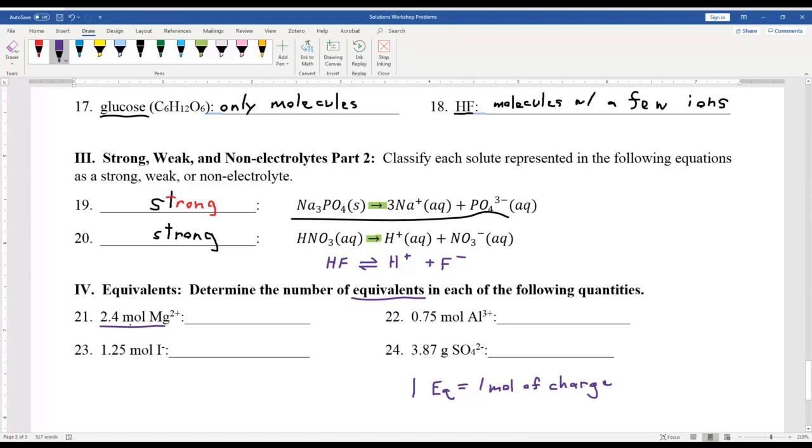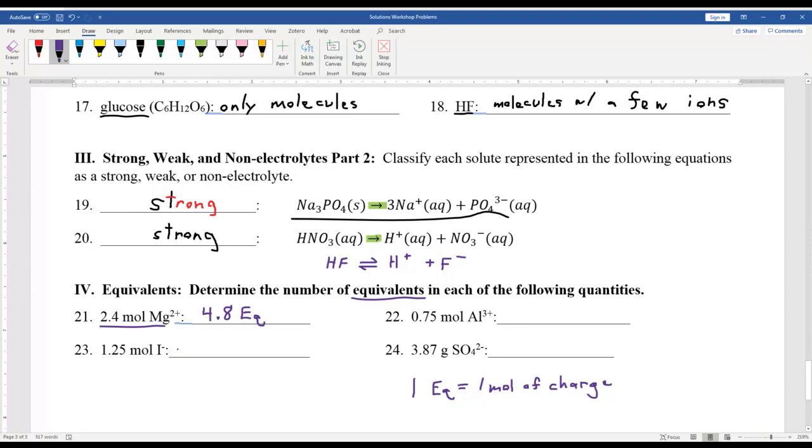So how many moles of charge would there be in 2.4 moles of magnesium? Would we multiply 2.4 by 2? Exactly. You'd multiply 2.4 by 2, and that would give you 4.8 equivalents. 4.8 moles of charge, or 4.8 equivalents.